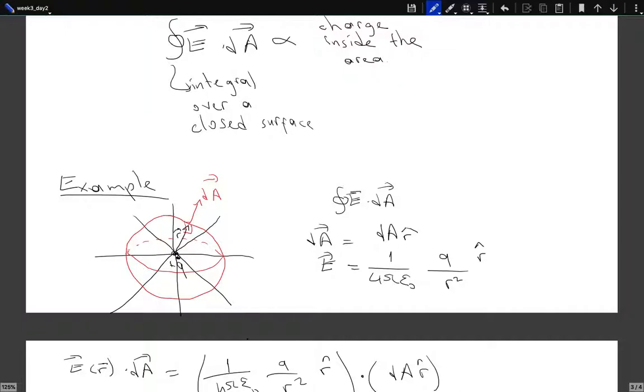But remember, I assume the sphere, the definition of the sphere with the charge at the center. The definition of the sphere is that at every point, the distance of every point on the surface from the center is the same. So for this patch, R has the same value as this patch.